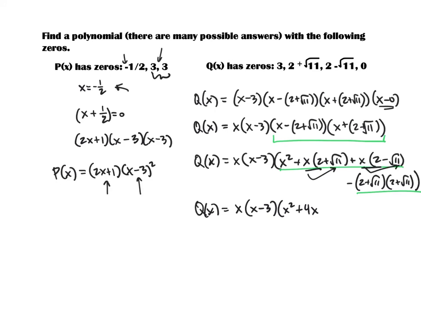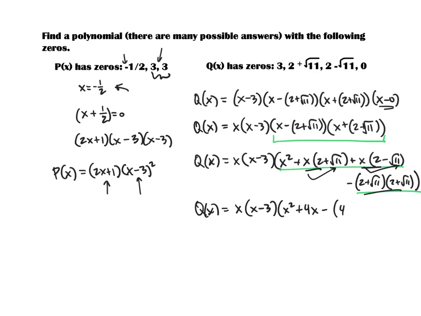I'd get x root 11 and negative x root 11. So we're good there. But now we have to FOIL this thing. Okay, so let's go minus. That would be 4 plus 4 root 11 plus 11. This is a yucky one.